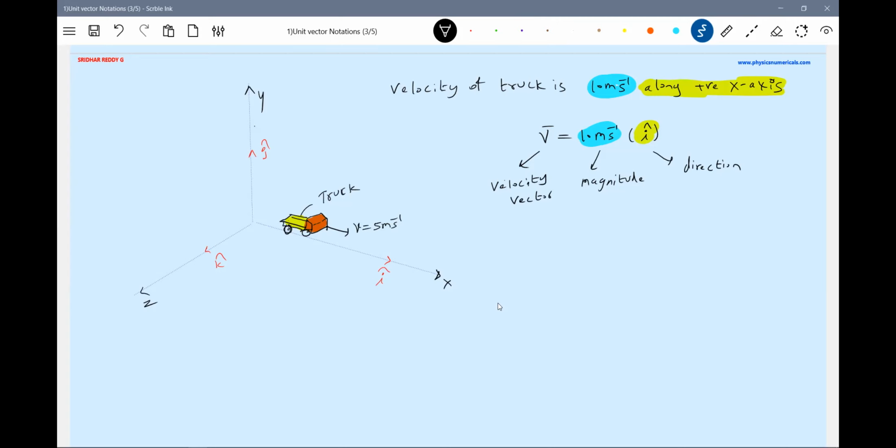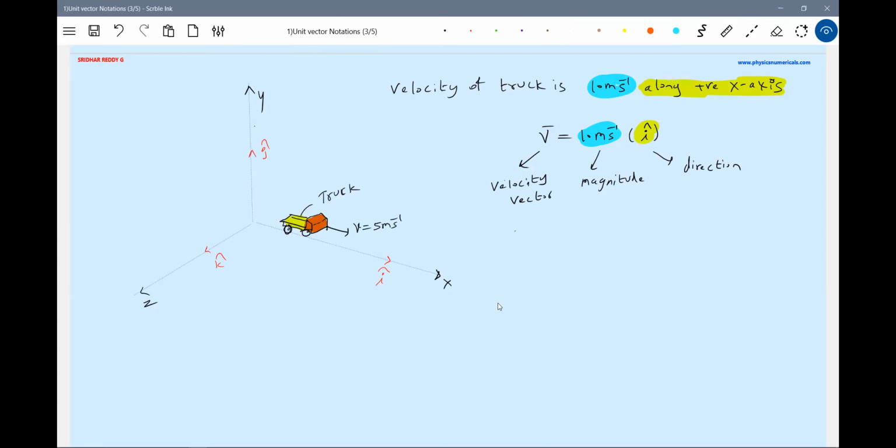Okay, able to understand now? Now why i cap? Because a unit vector directed along positive x-axis should be indicated by i cap. If the truck were moving along y-axis, then I would have written j cap. If the truck were moving along z-axis, it would have been k cap here. And this is a notation now.